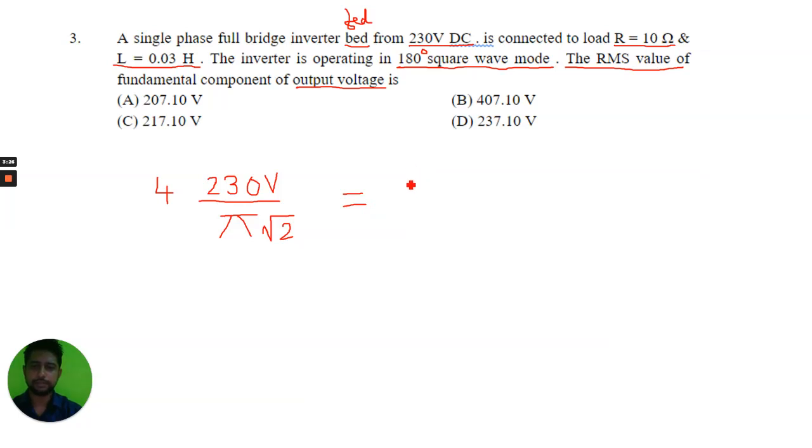This equals 207.10. So the answer will be the first one, that is A. How do we calculate this one? 4 multiplied by 230 divided by pi, that is 3.14, and root under 2 is 1.414.